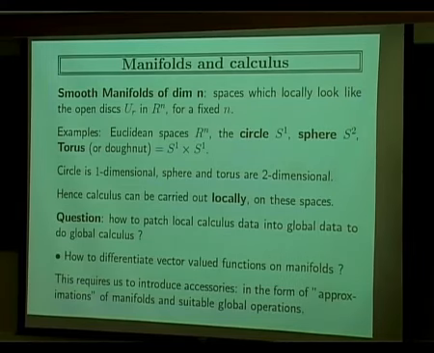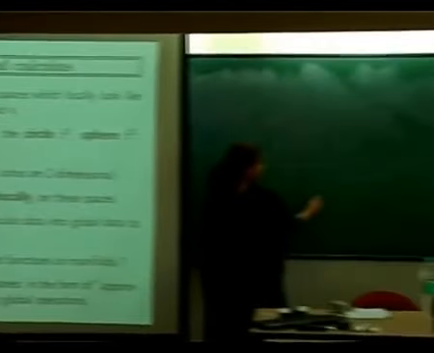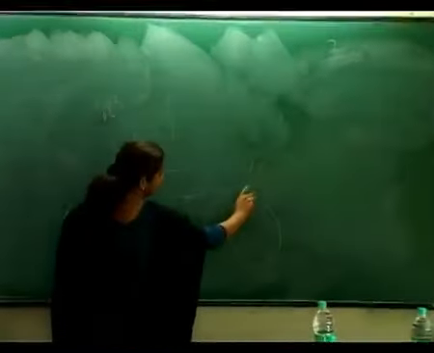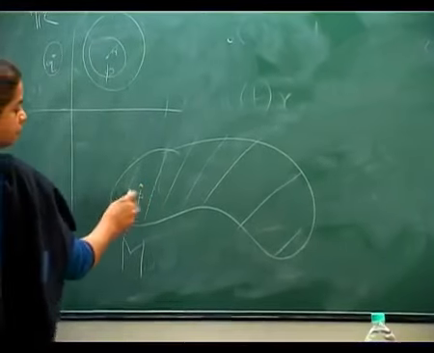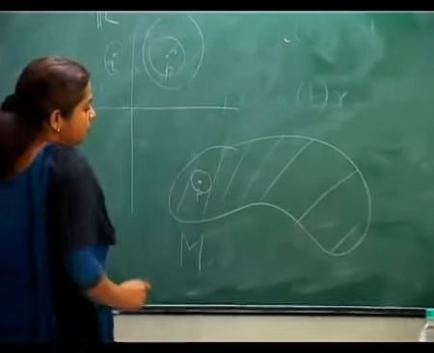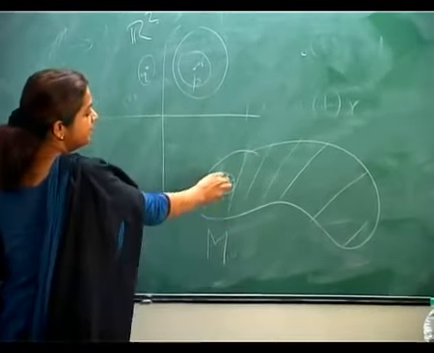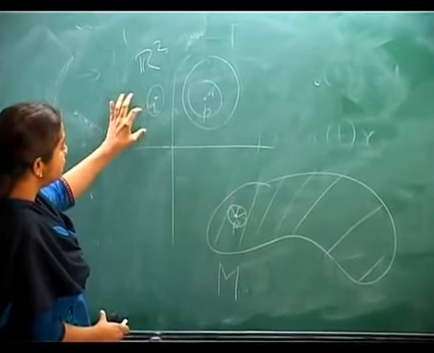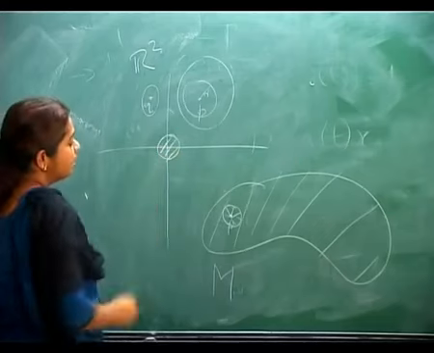So suppose I have a topological space in this manner, call it M. I look at any point, this filled one. If I take any point on M, I can always find some open subset, say whatever the radius, an open ball, which can be realized as an open disk in R2.